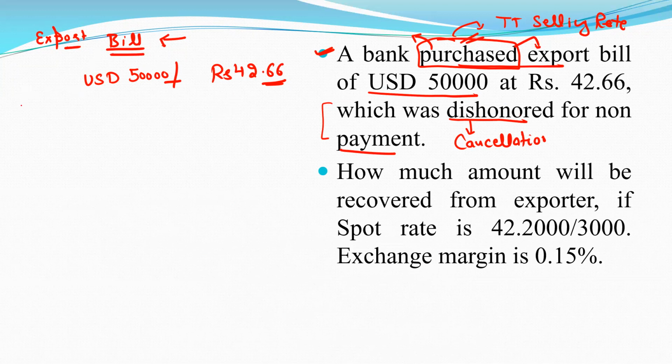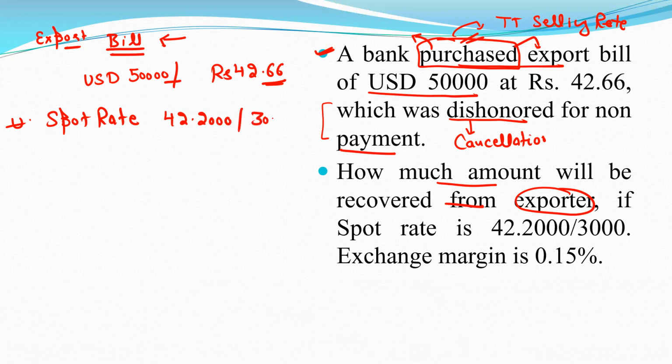Here USD 50,000 at this rate. So how much amount will be recovered from the exporter, if the spot rate here is 42.30 and the exchange margin is 0.15%?